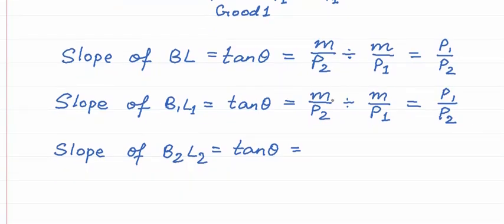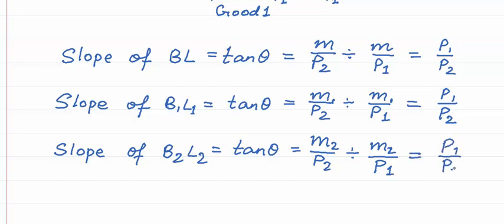So M2 by P2 divided by M2 by P1, and again we have the slope as P1 by P2.